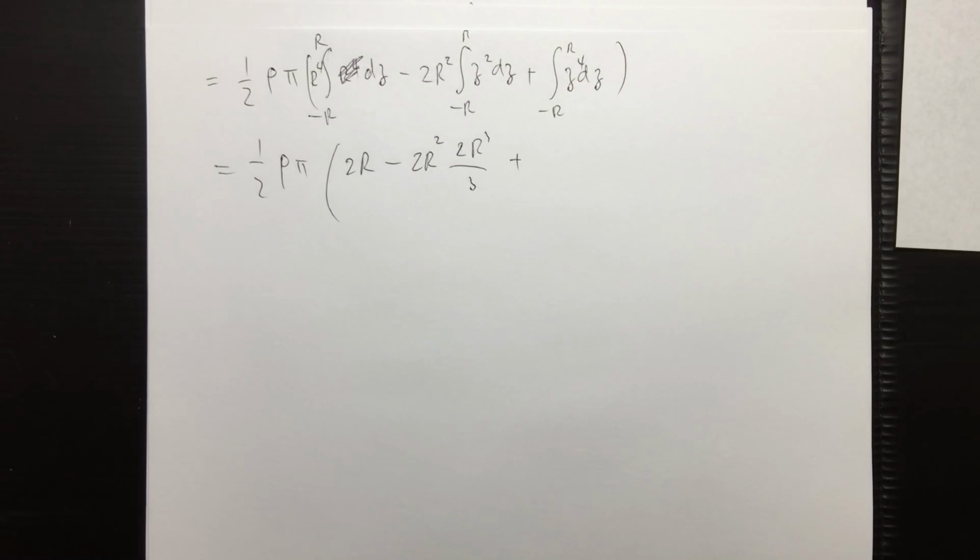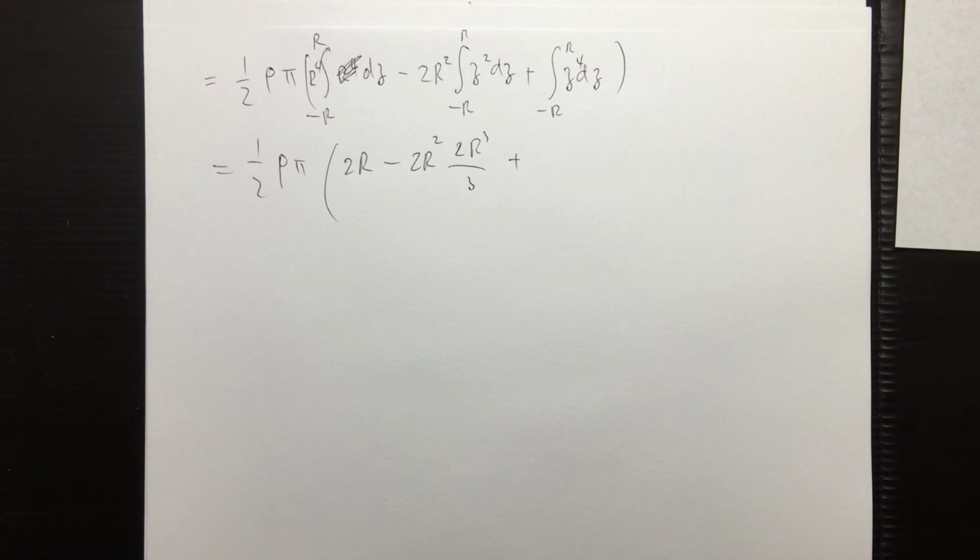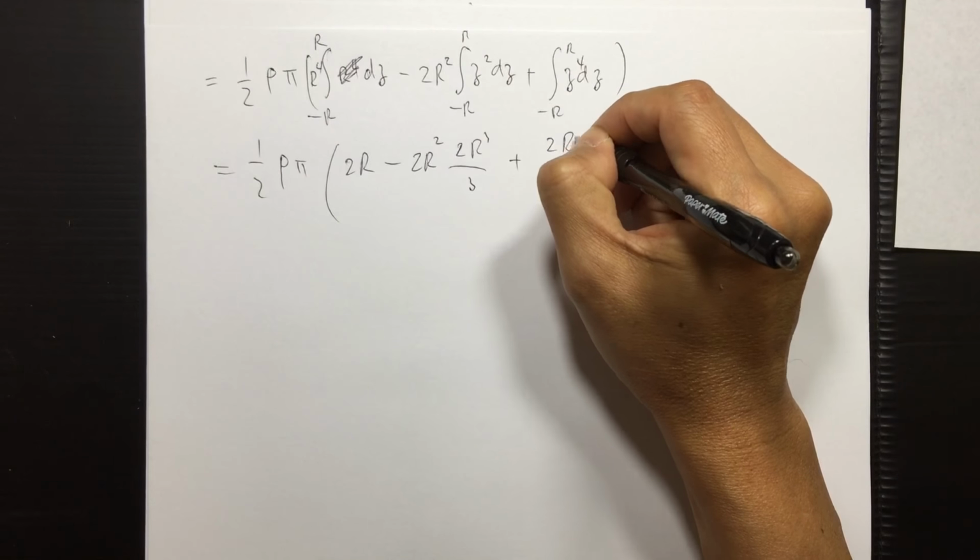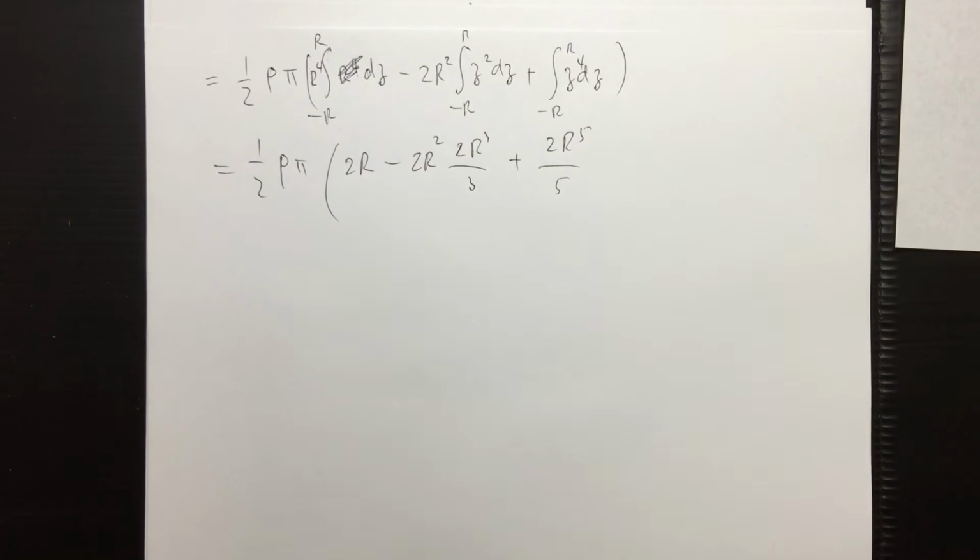What's this one? It's 2Z to the power of 5 divided by 5. Yeah. 2R to the power of 5 divided by 5. Right? Yeah. Okay, now.